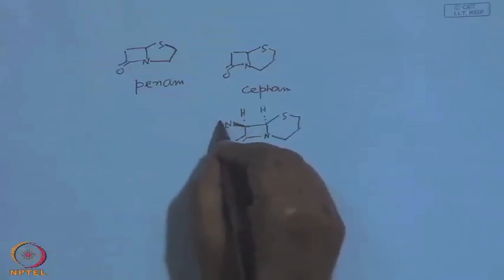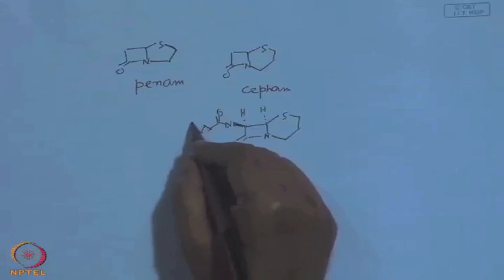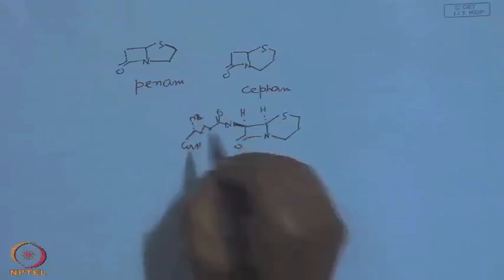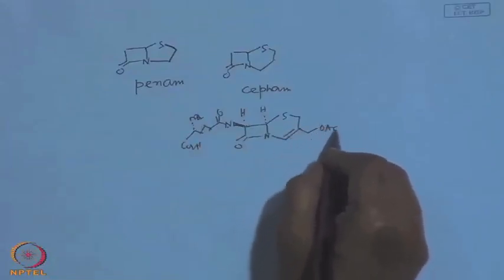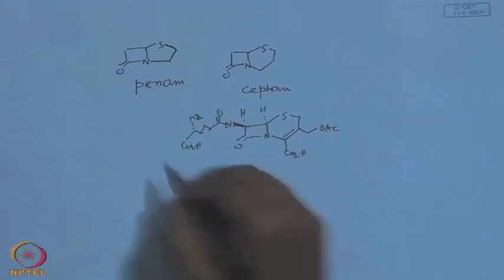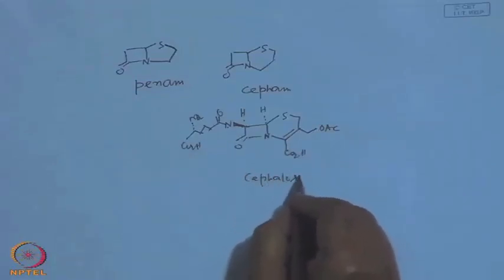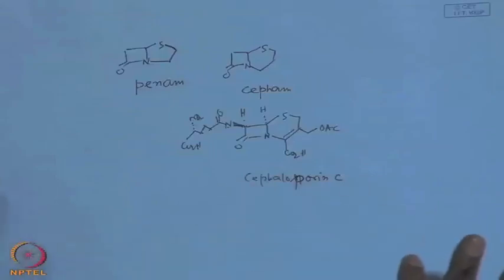And in this case the one I am writing here, again this is an amide, and you have this 1, 2, 3, 4, maybe this is aspartic acid or something, and then you have a carboxylic acid up here, and these double bonds, and these are the typical carboxylic acids of the nucleus. Actually this is cephalosporin C. It is an antibiotic. You do not have to remember all these structures, but you have to have an idea about the basic structures.